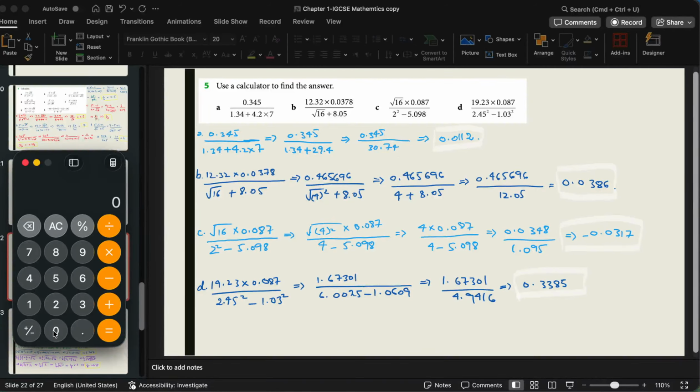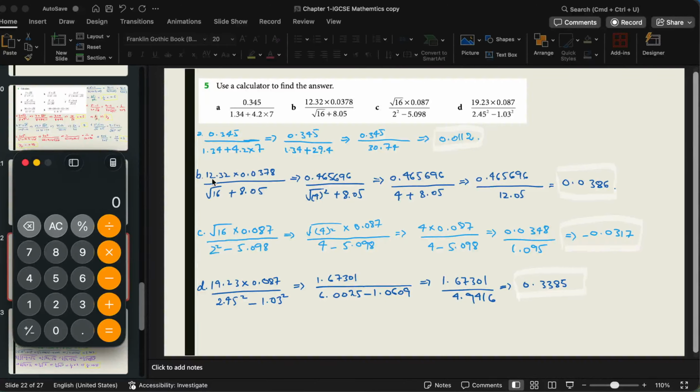So 0.345 divided by 30.74 is equal to 0.0112, as shown in the calculator and recorded in here.